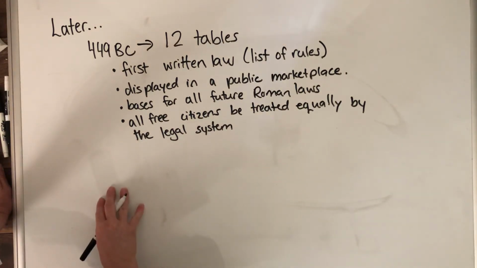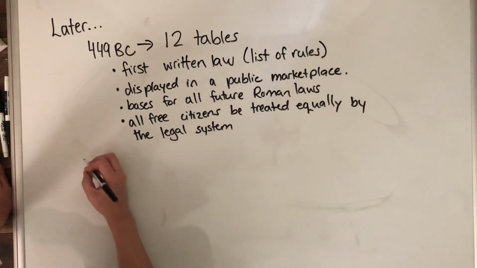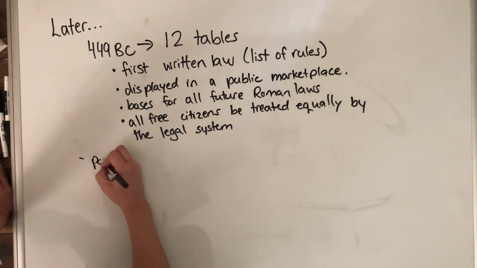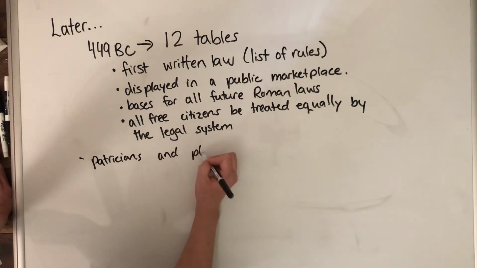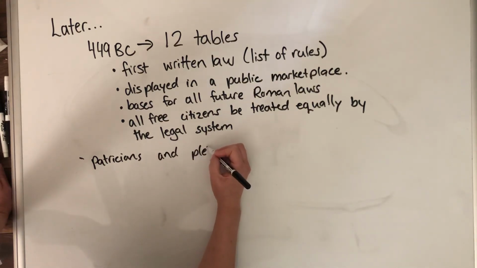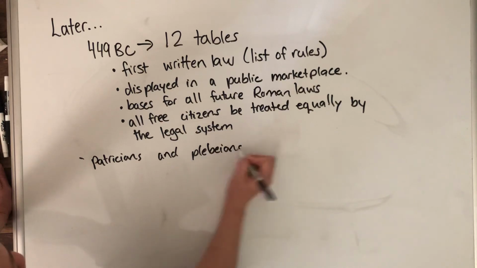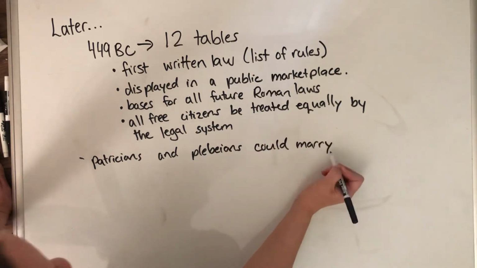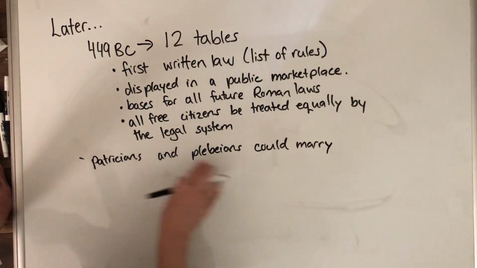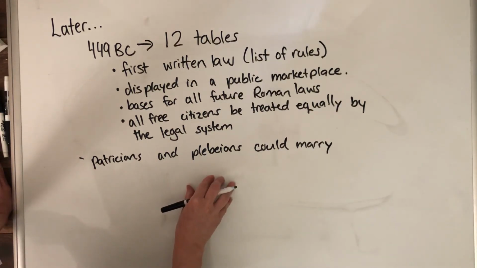Now later down the line, as things kind of started evening out, the patricians and plebeians could marry. So there wasn't such a stigma, one couldn't go to the other before, and now they can both marry.